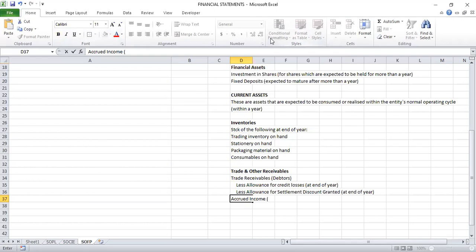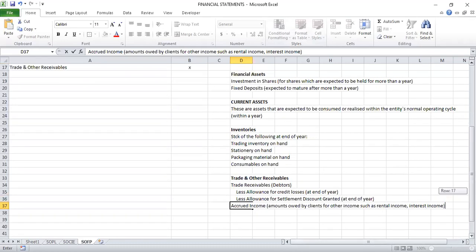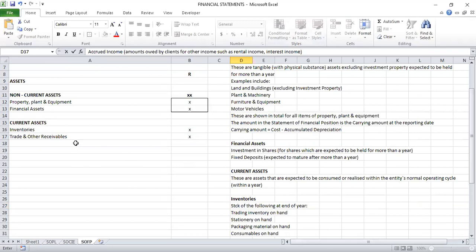That is an amount owed by clients for other income, such as rental income. Maybe you've got a tenant who has not yet paid rental. Interest income, maybe you put a fixed deposit, but the bank has not yet credited your account. So that will be included as a part of the trade and other receivables, because you'll be expecting to receive your money.